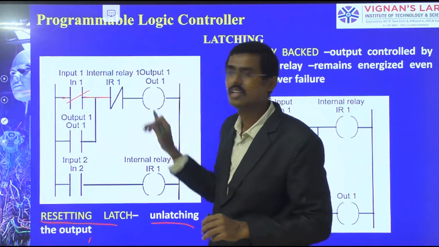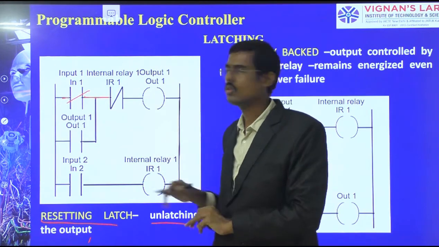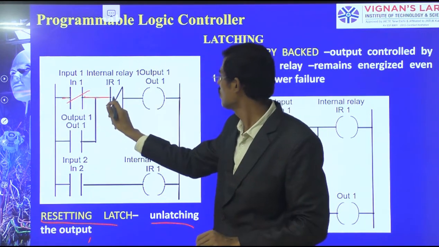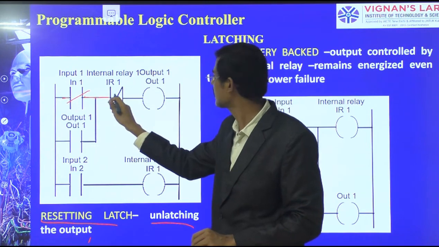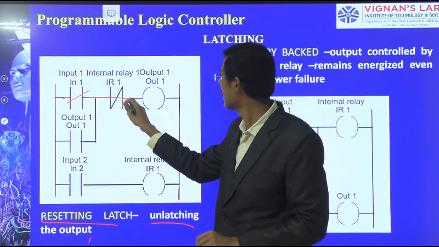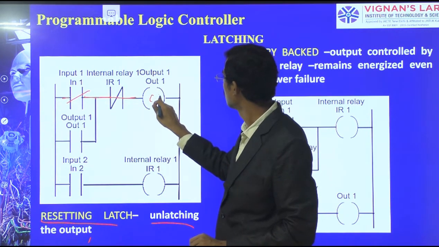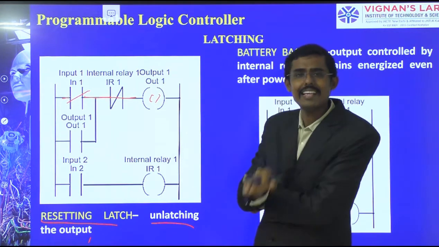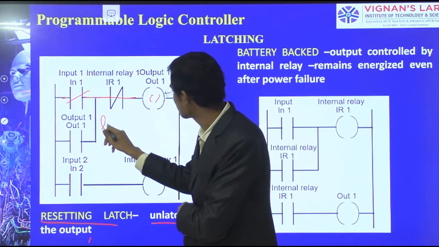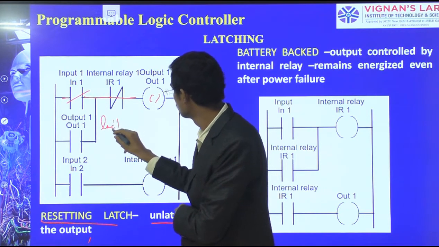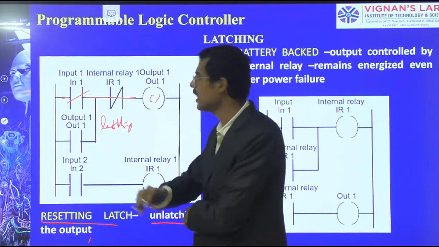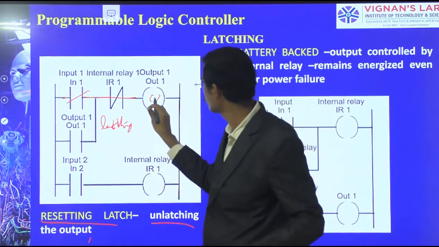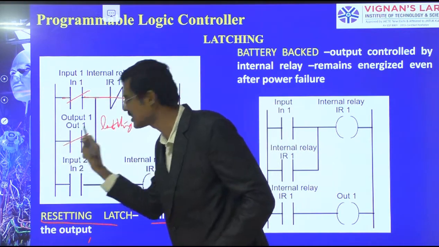When I press it, it will deactivate. So I am not disturbing that. It is already in the closed state and can pass the supply, and here I am activating output 1. So this output I have latched again. There I have done the latching process, and therefore this output will be able to latch here.